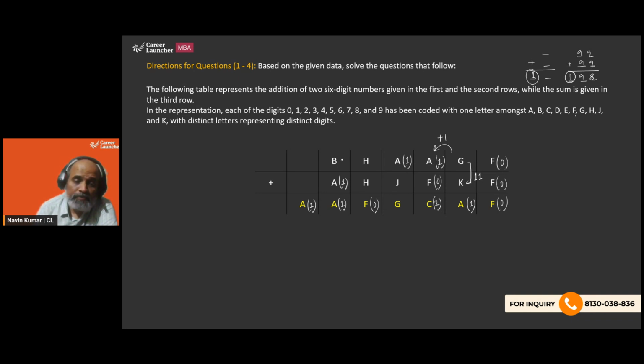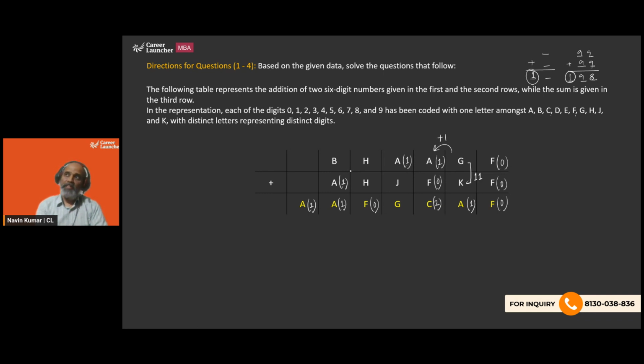Now, if you look at the sixth digit, the digit at the lakhs position, which are B and A, something plus 1 results in 1. Well, 0 plus 1 will result in 1. That is one way to go about this. But since F has already taken 0 and B is a new letter, B cannot be 0.